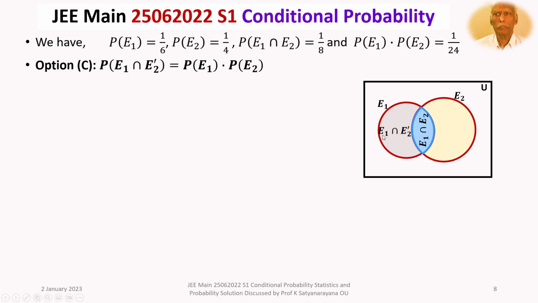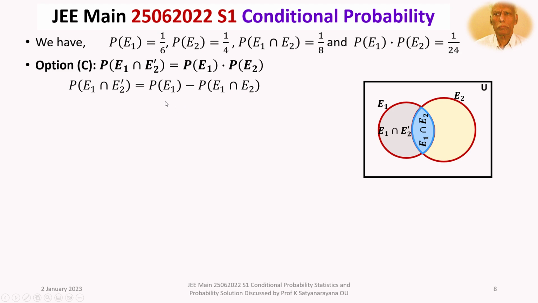So E1 intersection E2 complement, the gray but not blue. That means E1 but not E1 intersection E2. So probability of E1 intersection E2 prime is equal to probability of E1 minus probability of E1 intersection E2.